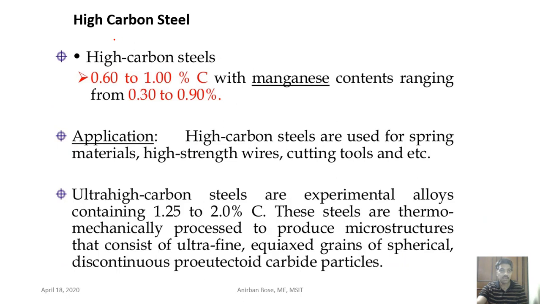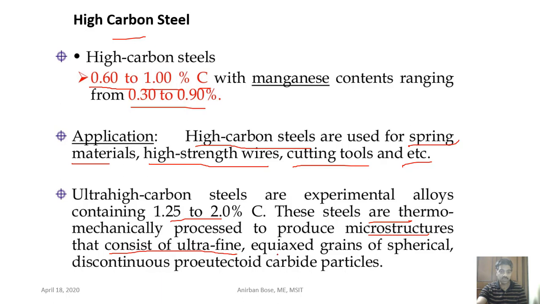Now high carbon steel. I have already told you it is 0.6 to around 1.2% carbon, with manganese contents ranging between 0.6 to 0.9. Application, high carbon steels are used for spring materials, okay, and high strength wires, cutting tools, etc. And ultra high carbon steel, which is up to 2%, say 1.25 to 2%, then some thermomechanical process to produce the microstructure consisting of ultra-fine equiaxed grains of spherical discontinuous product.